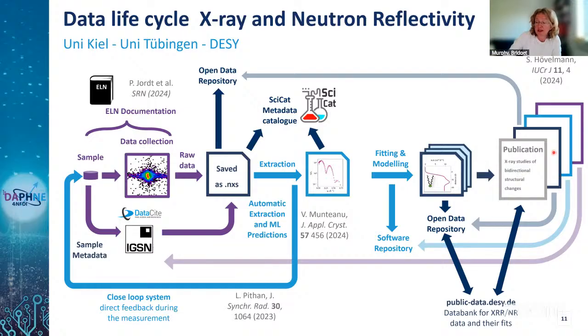We have the data, which is available at an open data repository. We have the software repository, which describes how the data was handled across all aspects. And we also have the sample metadata available, so that the whole process is FAIR and open. And this is implemented at P08 and also many of the other instruments where we do our X-ray and neutron reflectivity experiments.